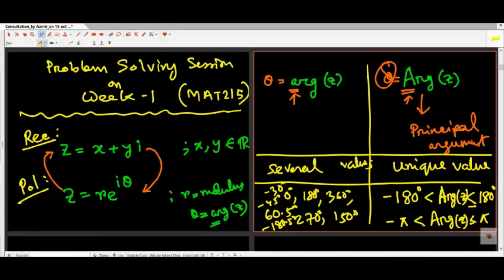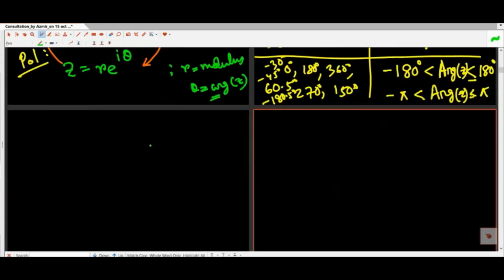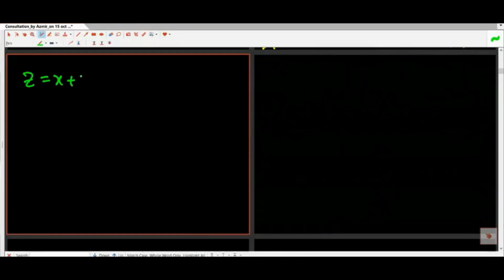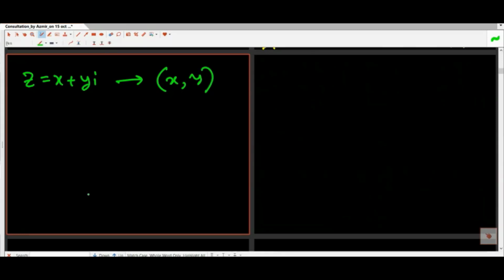So you will understand this one if you have a look at the geometrical concept of complex number, that is z equals x plus yi. So where we have a complex number like z equals x plus yi, we can think about a point. That is, complex number is nothing but a point x comma y. So you know how to locate a point in xy plane.